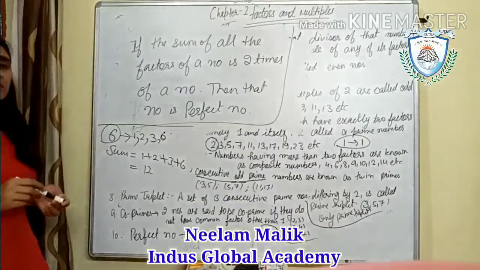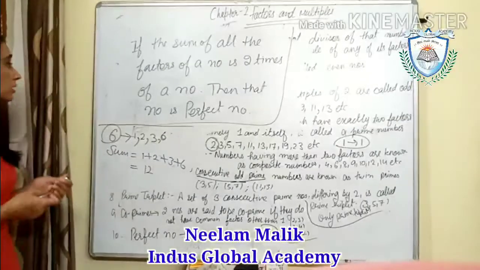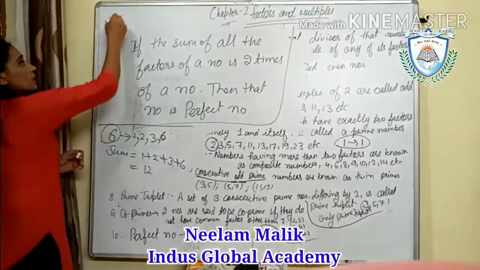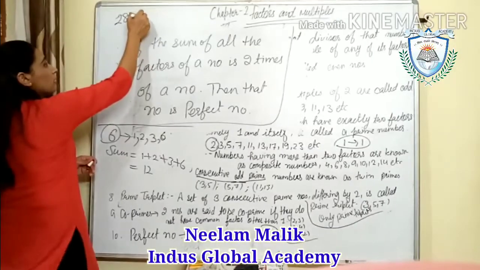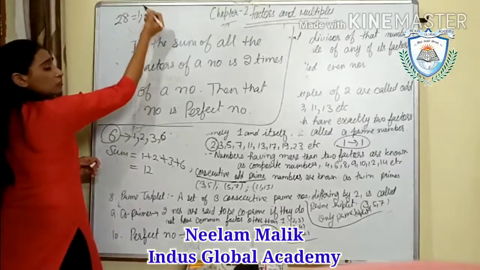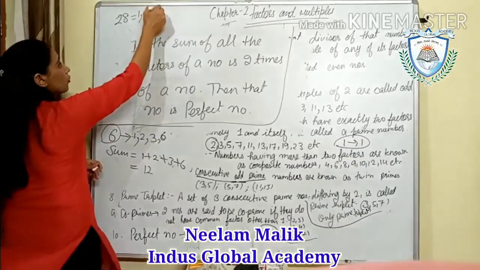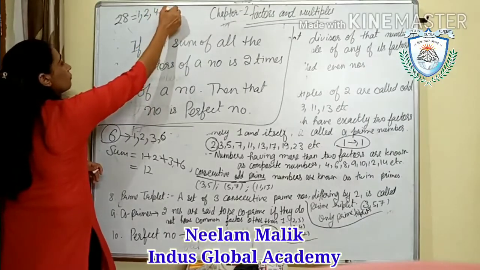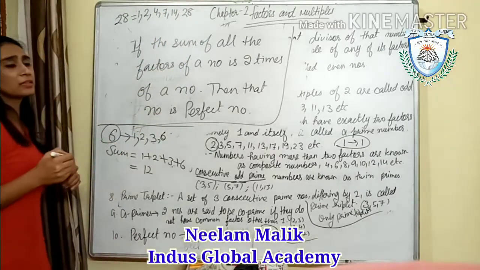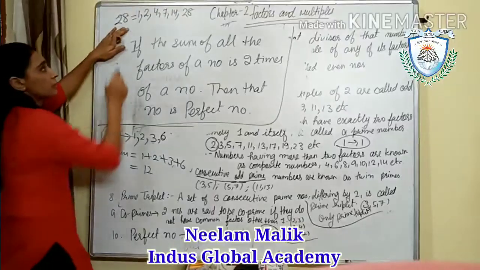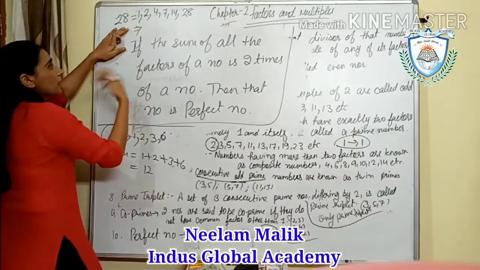Another example of this is 28. Write all the factors of 28. Divisible by 1, divisible by 2, not divisible by 3, divisible by 4, then 7, then 14, and then 28. These are all the factors of 28.